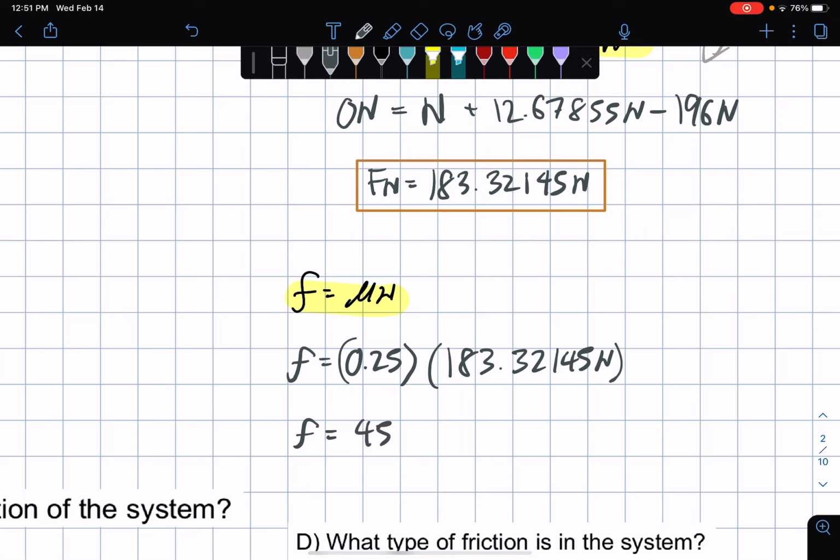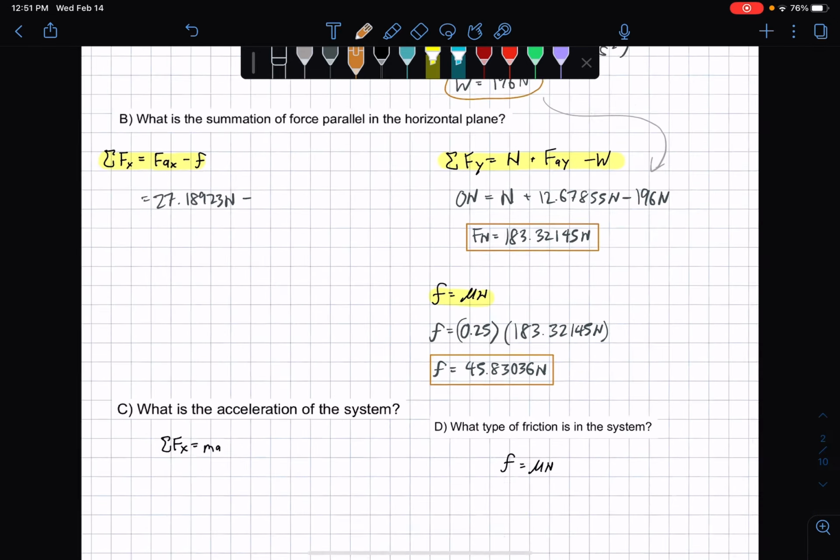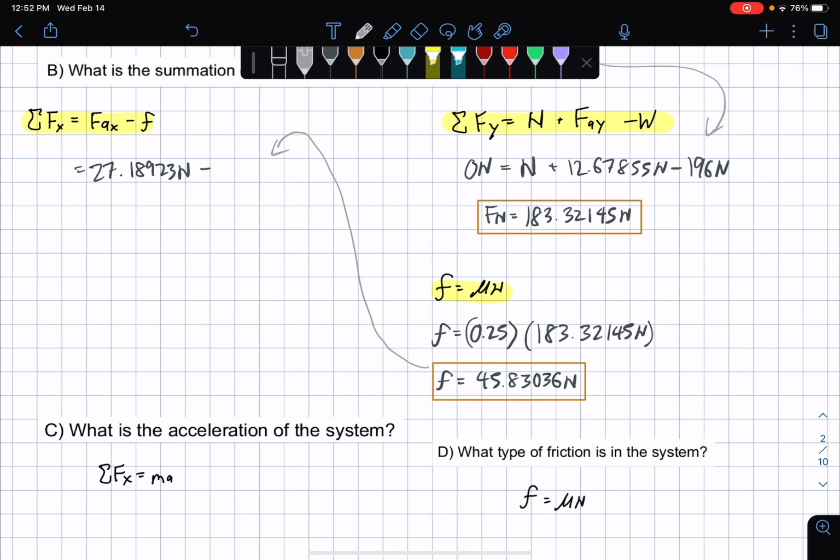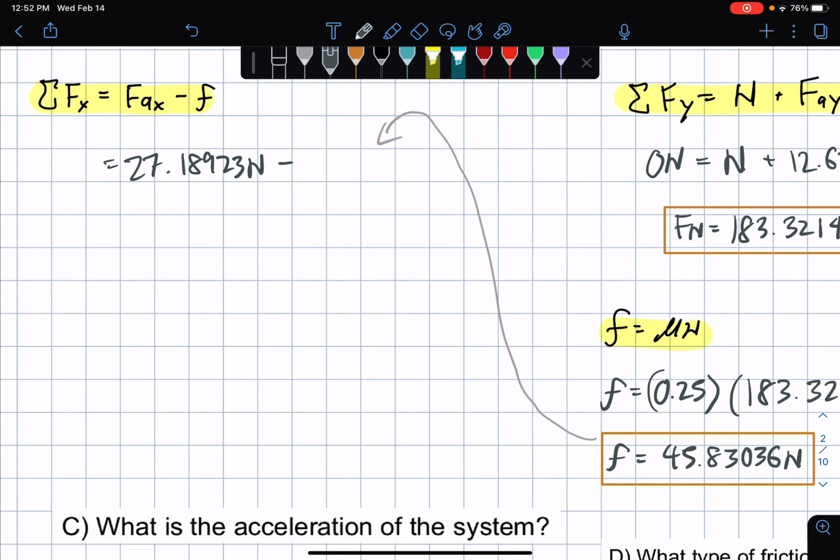So friction is equal to 45.83036 newtons. Again, the unit for friction is in newtons. And yeah, let's place that value here. 45.83036 newtons. Summation of Fx is definitely not equal to 0, and that's what we're looking for.